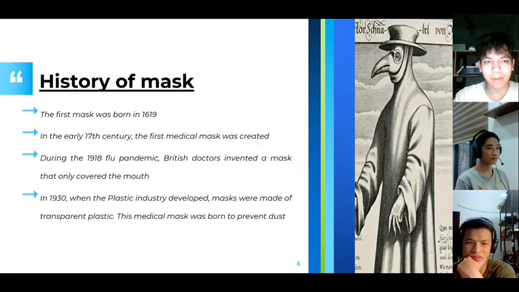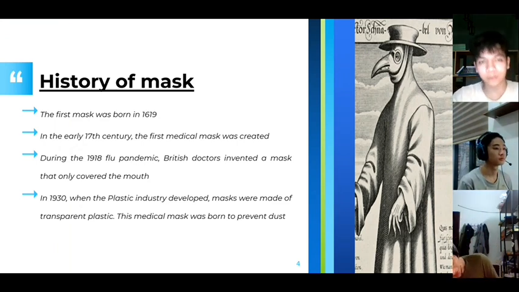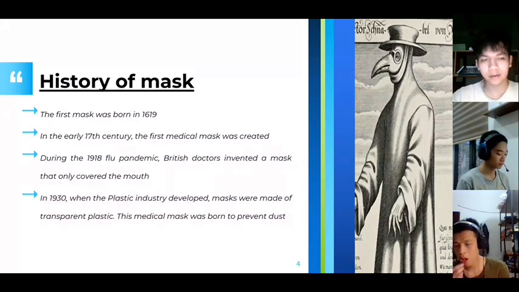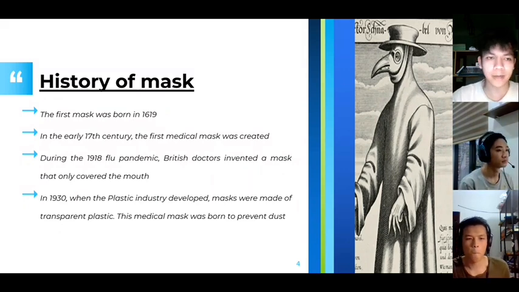Here is the history of the mask. As we can see in the slide, the first mask was born in 1619. In the early 17th century, the first medical mask was created. During the 1918 flu pandemic, a British doctor invented a mask that only covered the mouth.